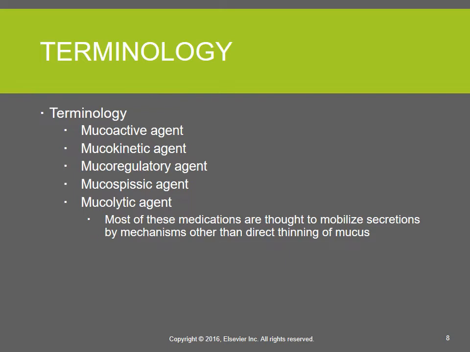A mucoregulatory agent is a drug that reduces the volume of airway mucus secretion and appears to be especially effective in hypersecretory states when there is a lot of mucus, like bronchorrhea, diffuse panbronchiolitis, and some forms of asthma.